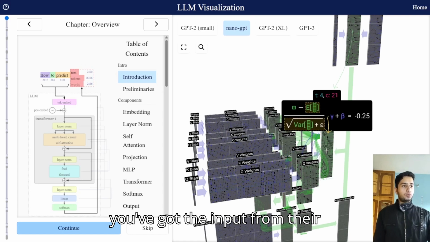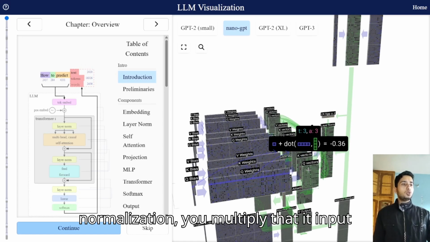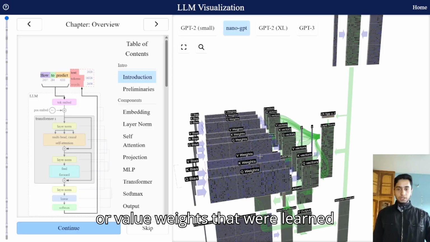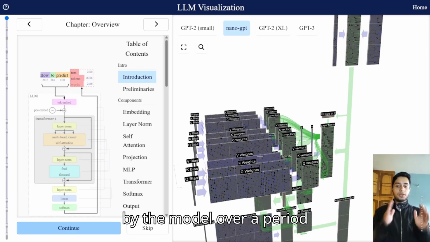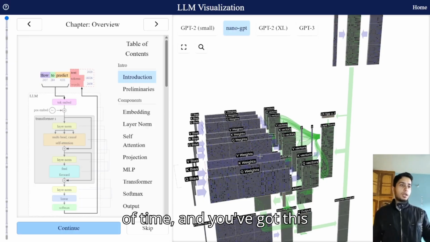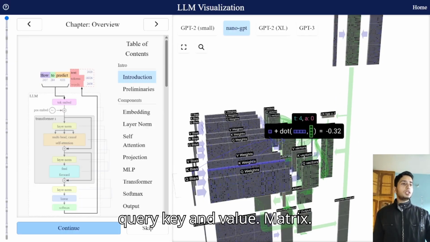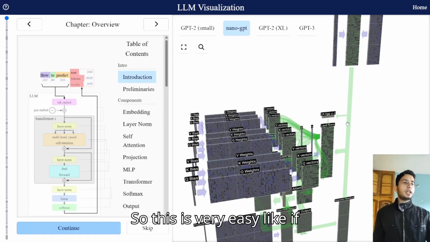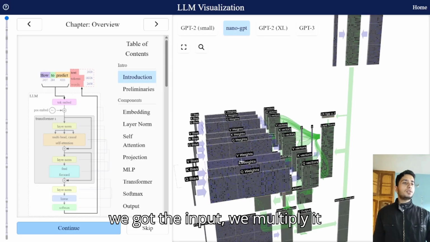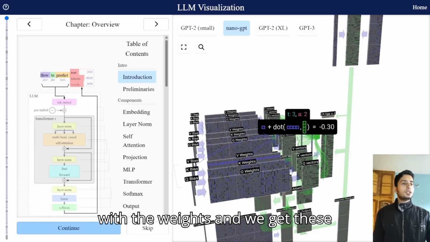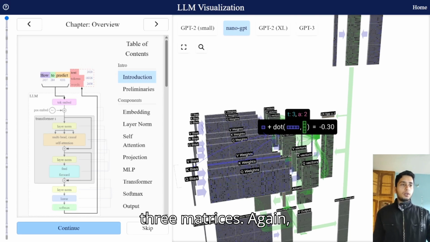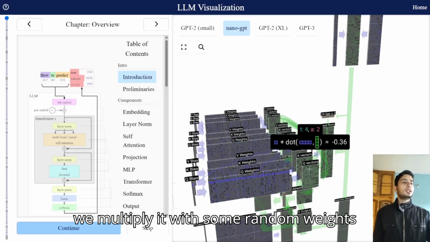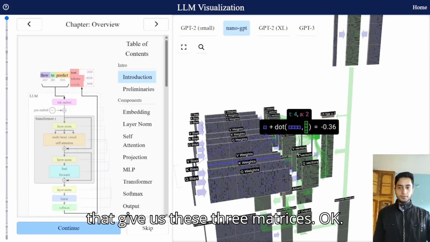You got the input from the normalization, and you multiply that input with the query, key, and value weights that were learned by the model over a period of time, and you get the query, key, and value matrices. So this is very easy. We got the input, we multiply it with the weights, and we get these three matrices.